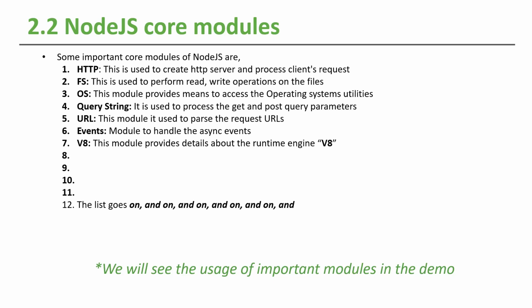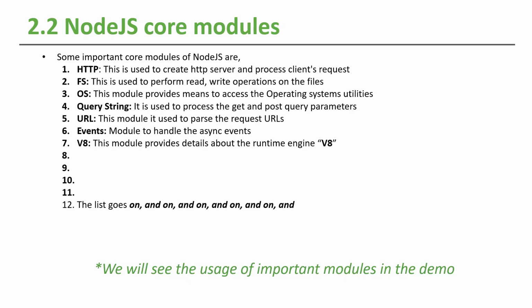The on data event will load the data to the server, and there's something called on end. Once the client request has completely reached the server, that event will trigger. Then we can run a separate function. At that point, we can process the request because when the end event emits, we know that the entire data is with us.